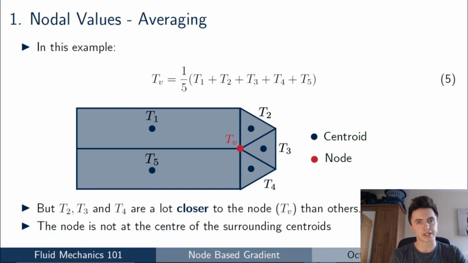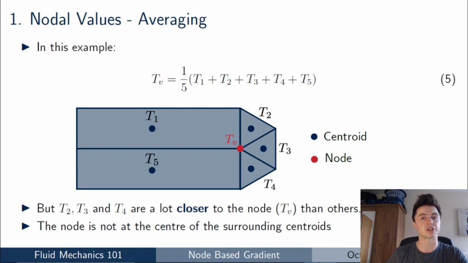However, I've used this quite unusual example of cells to really emphasize the problem with this method. And the problem is that you can see that the centroids 2, 3, and 4 are actually a lot closer to the node than centroids 1 and 5. So just thinking about this, we'd expect the nodal value to take a temperature that's a lot closer to T2, T3, and T4 than it is to T1 and T5.